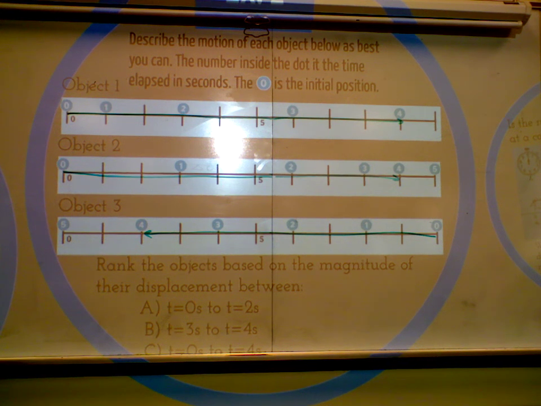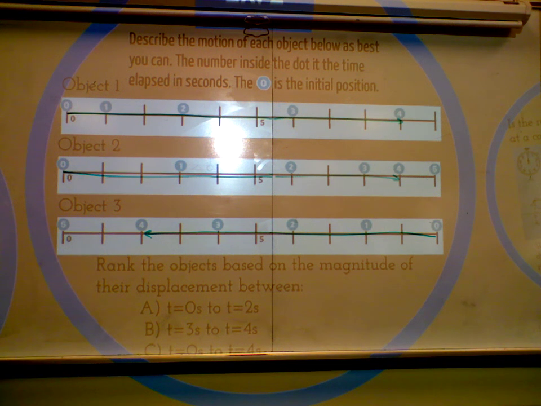He's assuming it's constant. He's assuming I'm asking for the average speed, right?